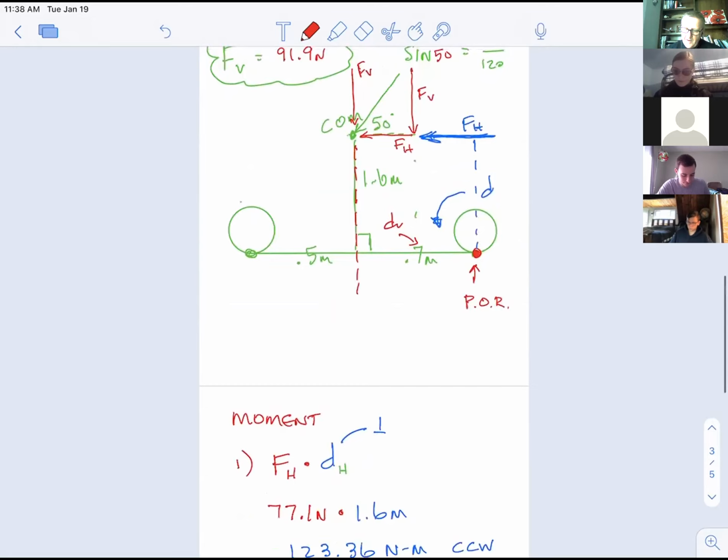What direction is that causing? Is it causing clockwise or counterclockwise rotation? Again, around the point of rotation or point of reference. Notice it's going this direction around that point. Isn't that causing rotation around that point in that direction?